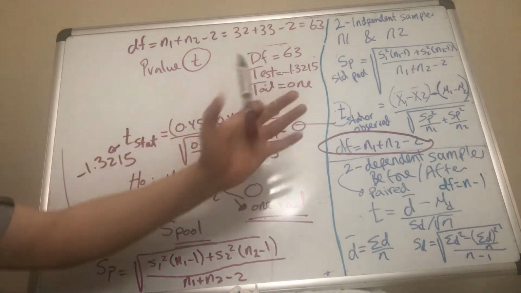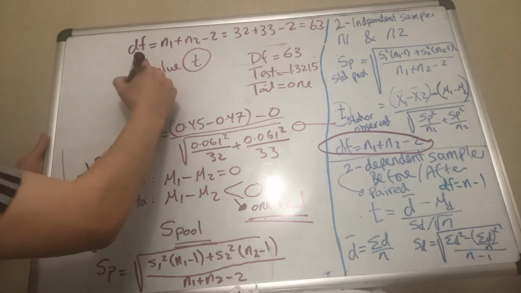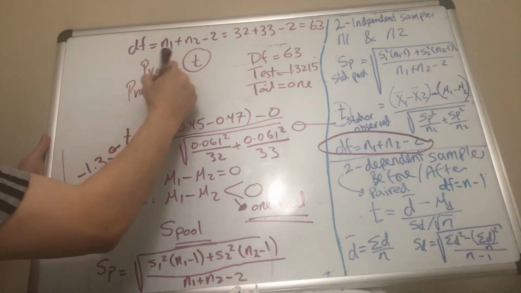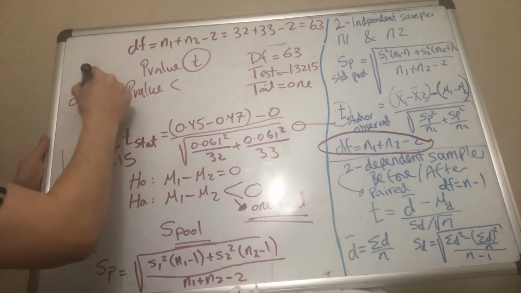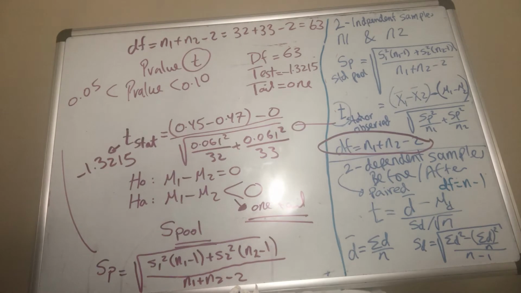You're looking for 1.32 in line 60. It's between the first two numbers, between 1.29 and 1.6. You put your two fingers on these two numbers, you go up to the one-tail, and you see that it's somewhere between 5 and 10%. So your p-value is somewhere between 5 and 10%.